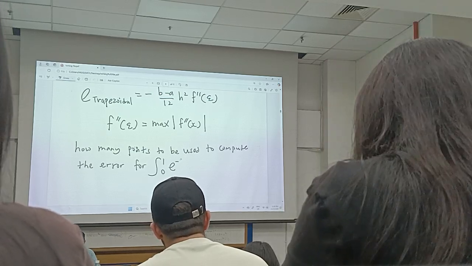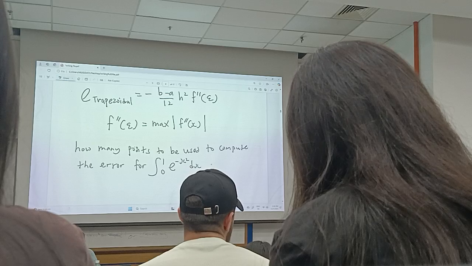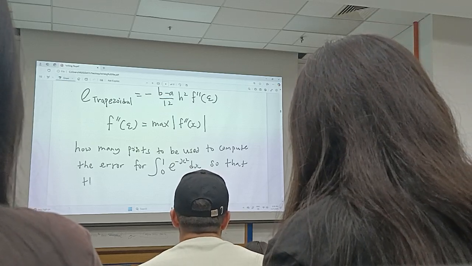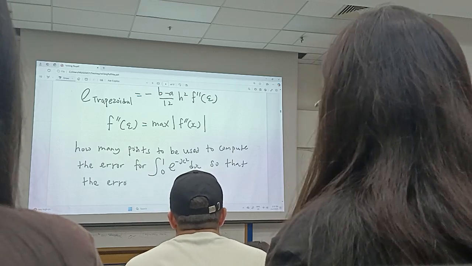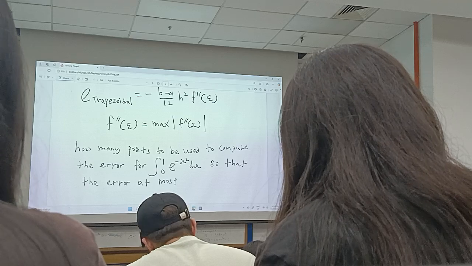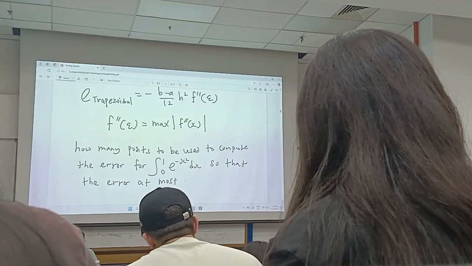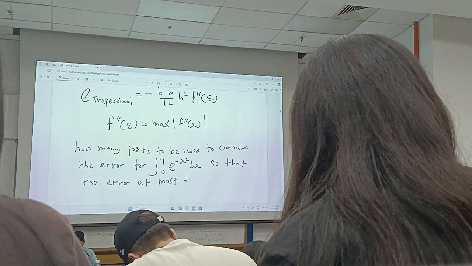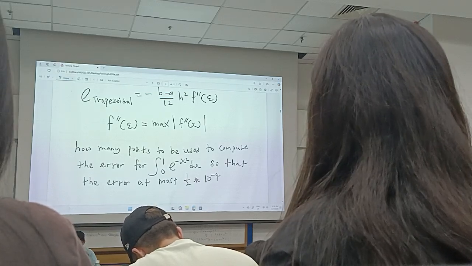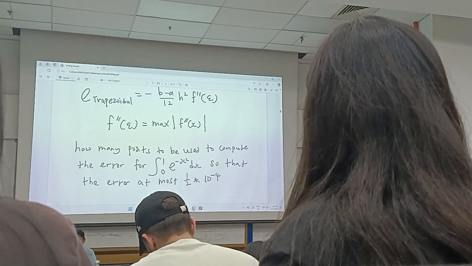e negative x squared, so that the error at most half times 10 power of negative 4.